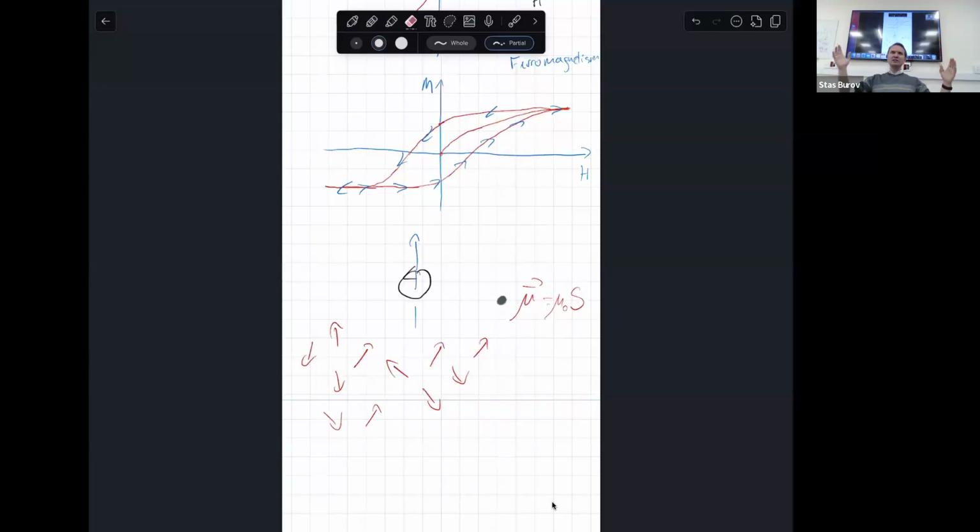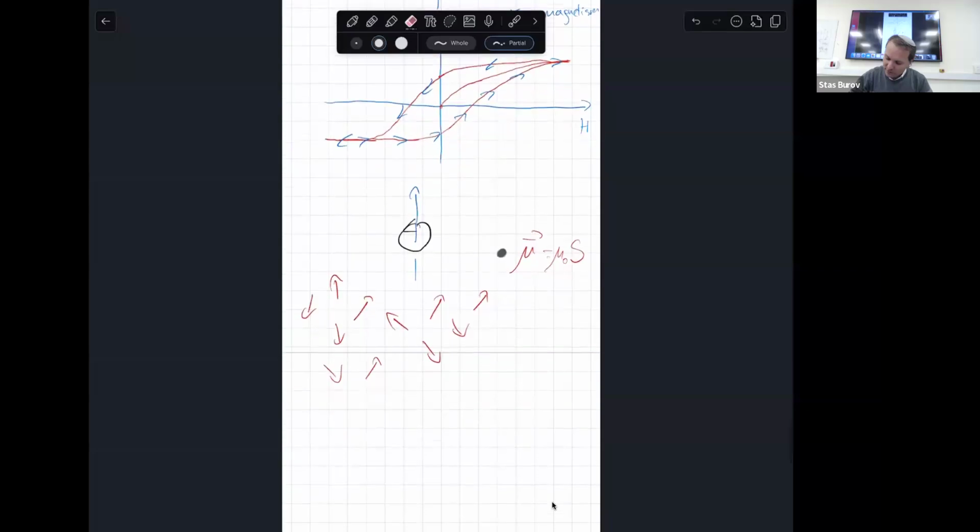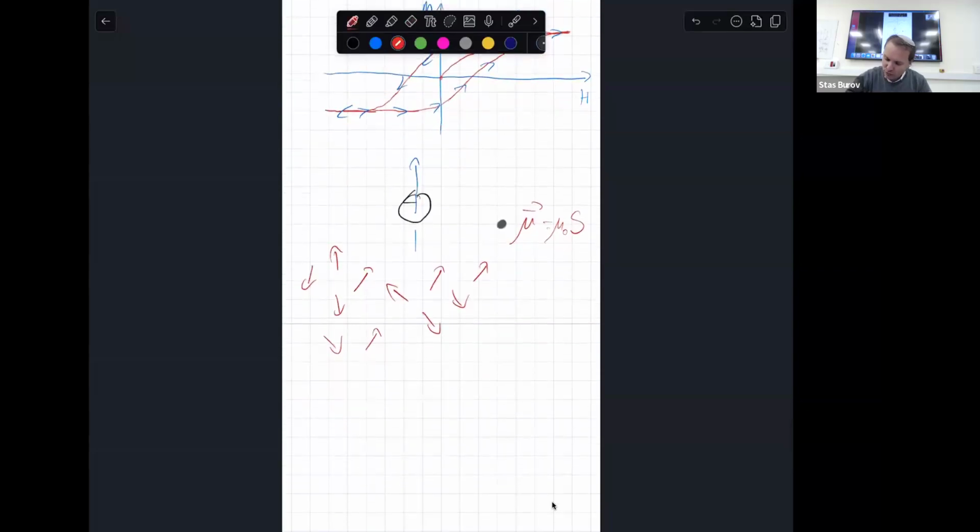If everything is disordered, there is no specific direction that all the different particles point in, and due to this fact, the total magnetic moment is zero. We're summing up a lot of different vectors. The orientation of each vector is completely random. There is no preferred direction for any moment. And voila, we have zero magnetic moment. M equals zero.